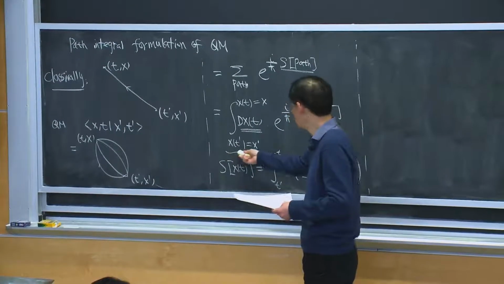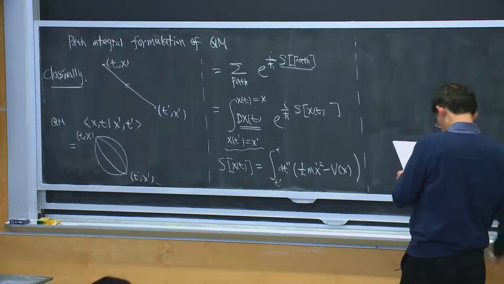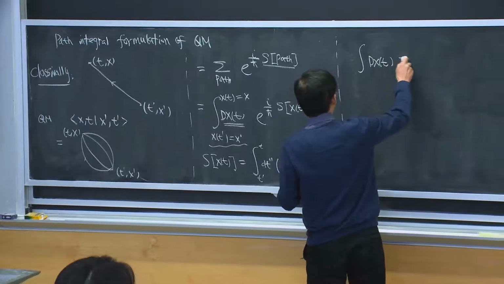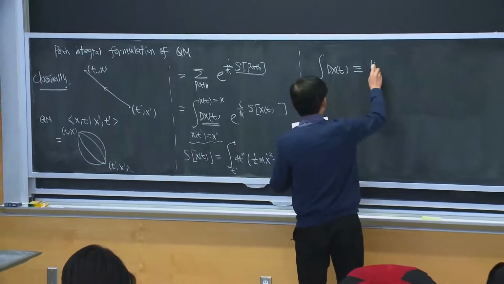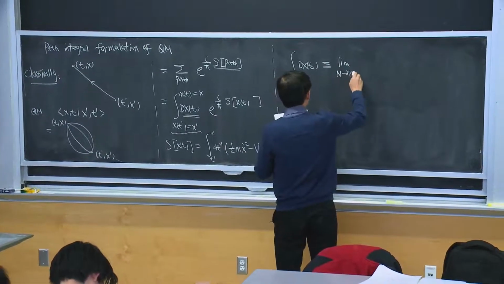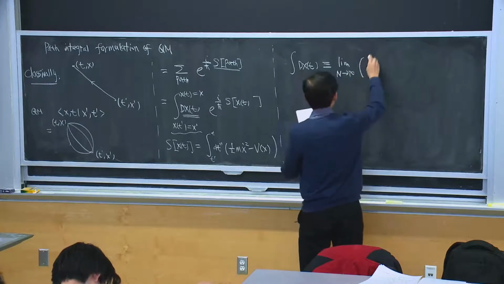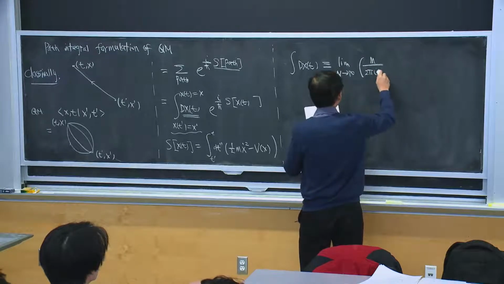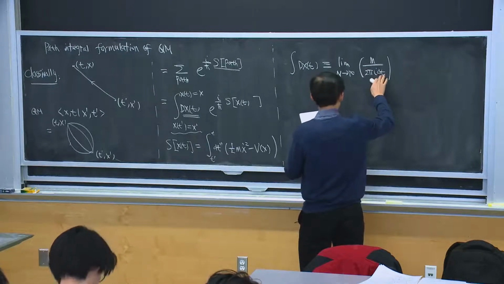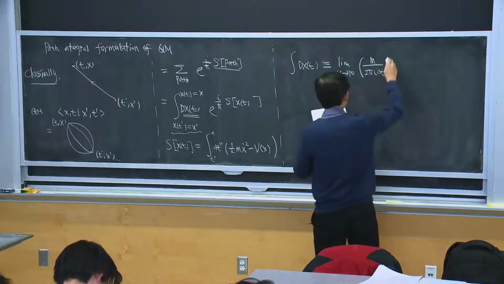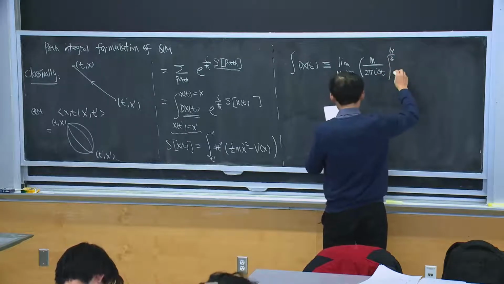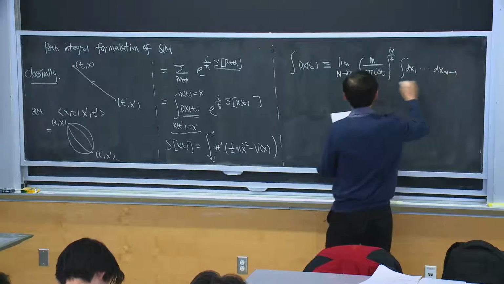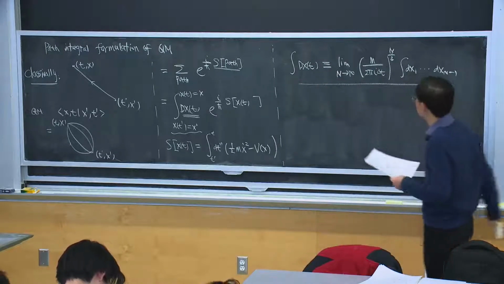Also, this integration is a shorthand notation for a limit. So this Dx(t) should be understood as a limit when n goes to infinity, with this factor of n divided by 2 pi i delta t. Essentially you divide your path into intervals of delta t, and then integrate over all possible values.